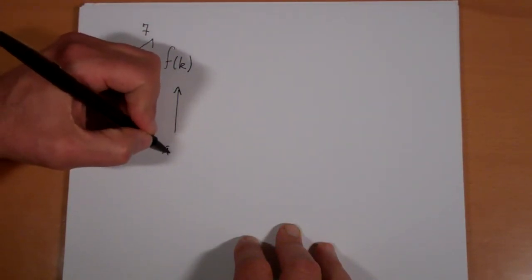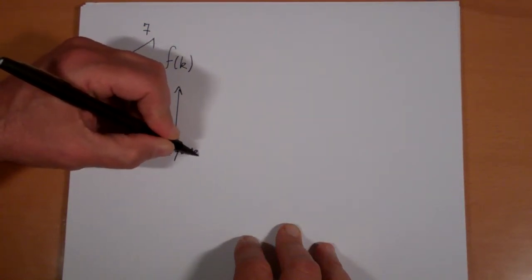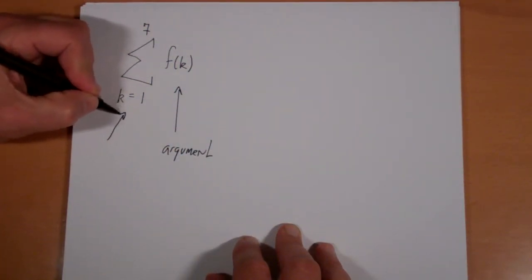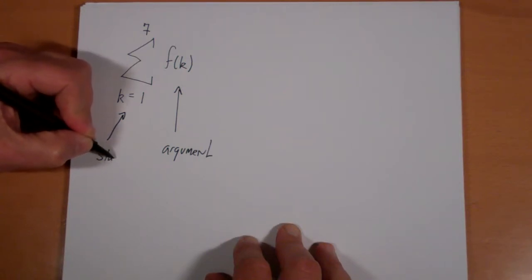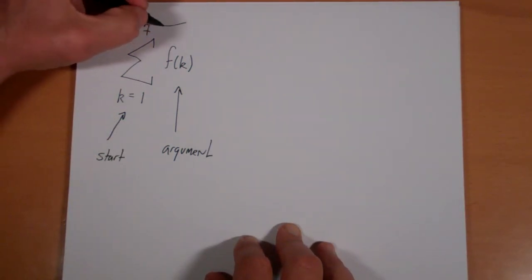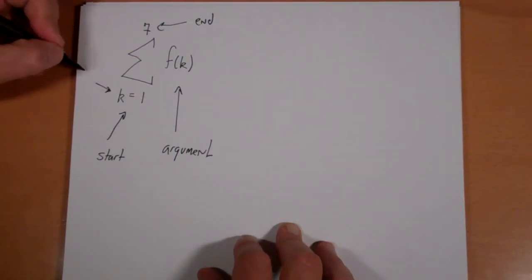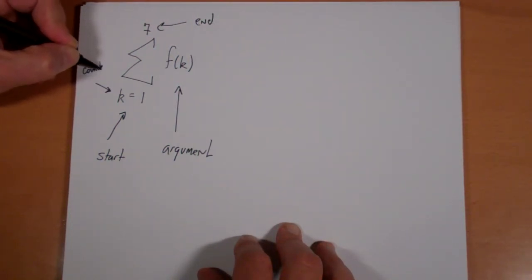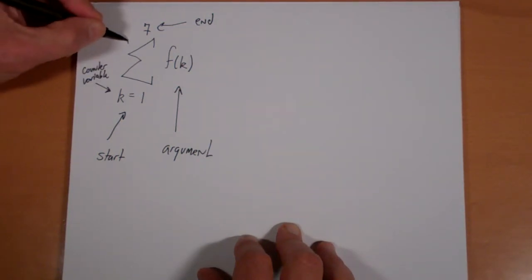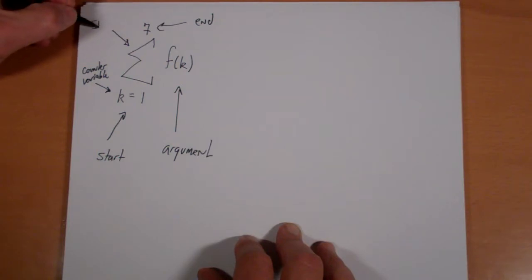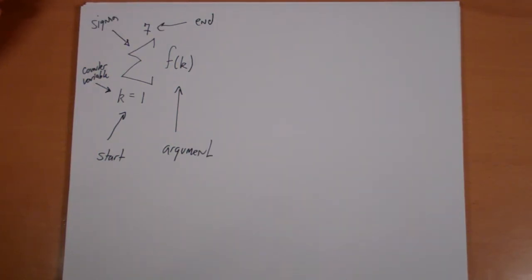This is called the argument. This is where you start, and that's where you end. The k is what's called a counter variable. And this is the sigma letter. It's just a Greek S, and that suggests that you're going to add.